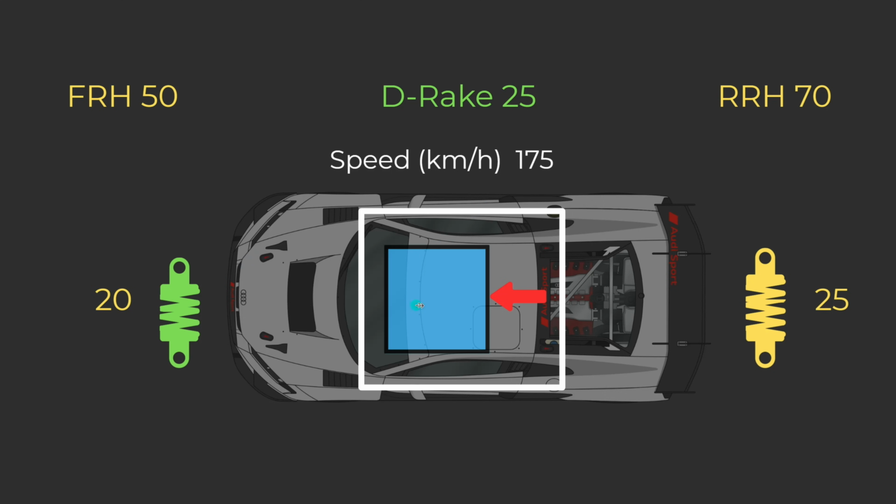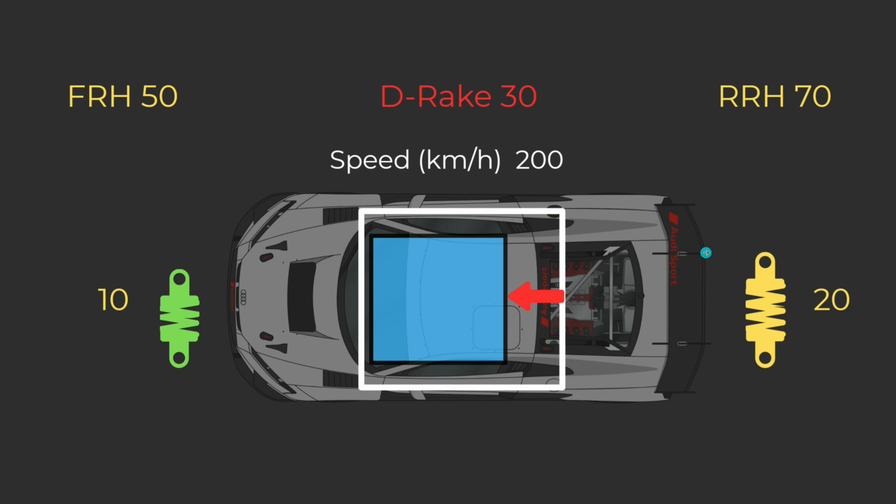Now we have more aerodynamic balance on the front, and we have better compliant front springs. And that's why a spring change is so significant on car balance, because it is influenced aerodynamically and mechanically. So if we go faster, let's say we get 200 and we're trail braking again, or we have a steady speed, now we might have 30 millimeters of rake.